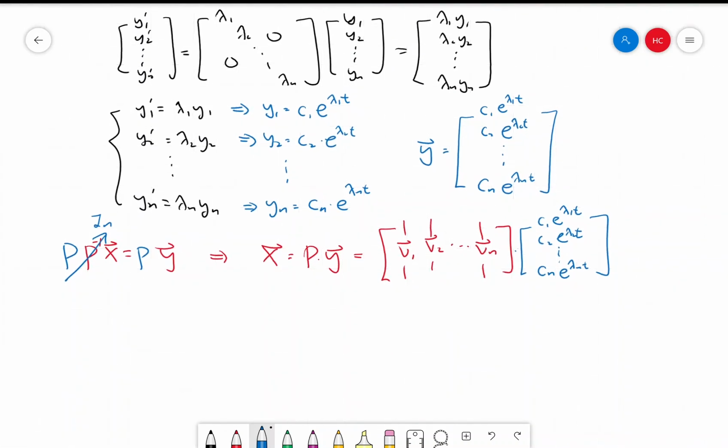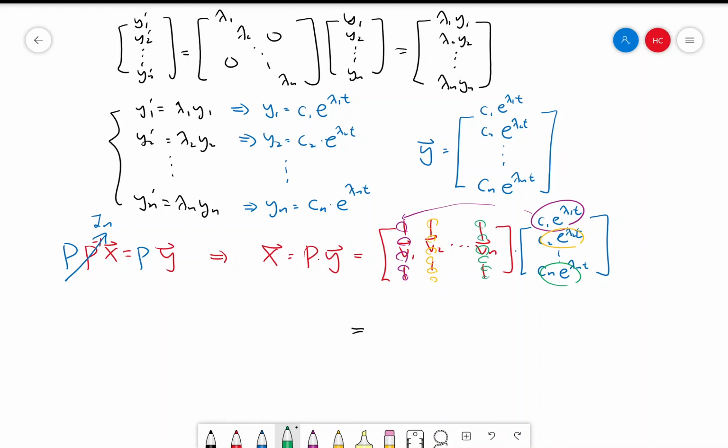Now, when you multiply these two together, you notice that c1 times e to the lambda 1 t is multiplied with every single entry of v1, c2 times e to the lambda 2 t is multiplied with every single entry of v2, and cn e to the lambda n t is multiplied with every single entry of vn.